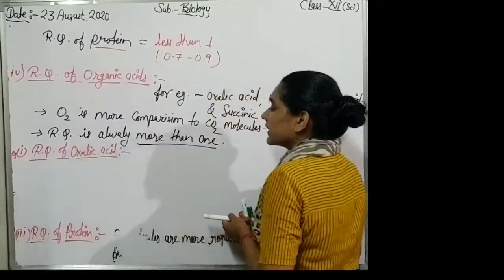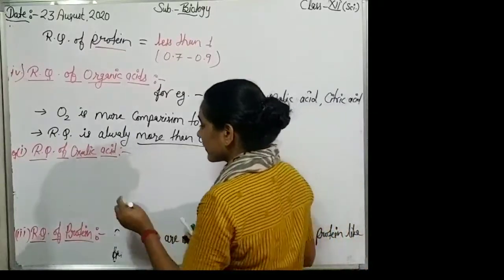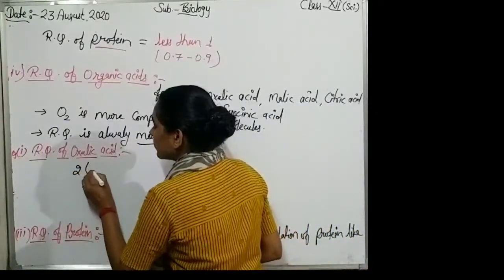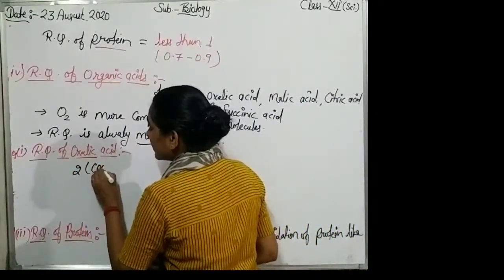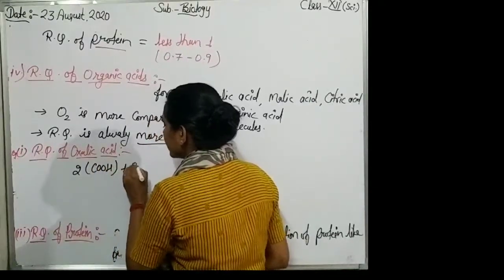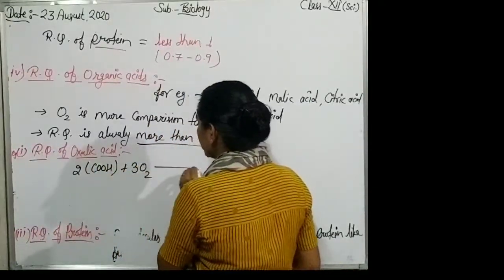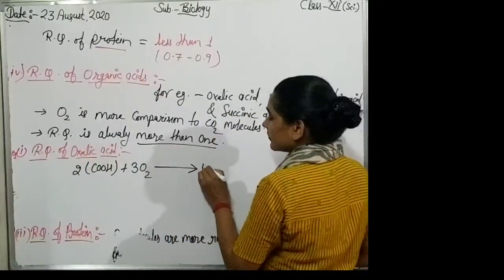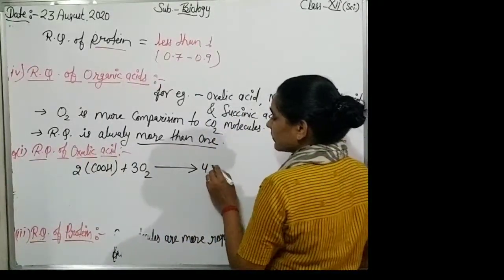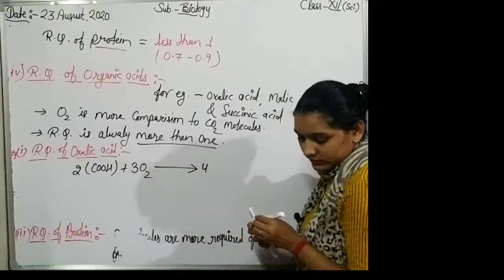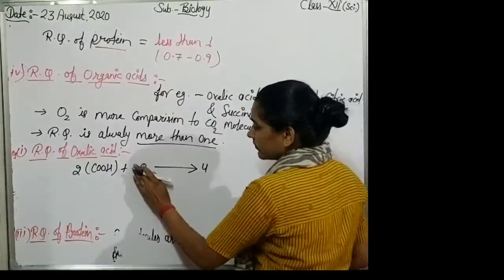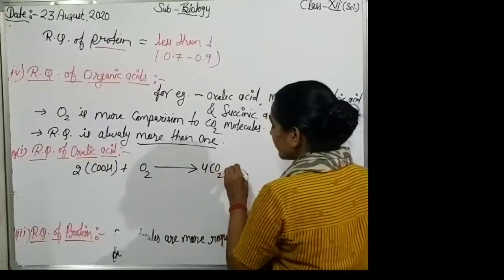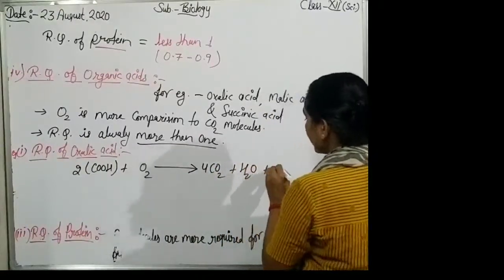RQ of oxalic acid is obtained from 2 COOH plus 3 O2 giving 4 CO2 plus H2O plus energy.